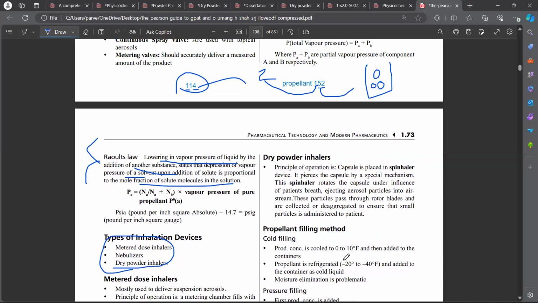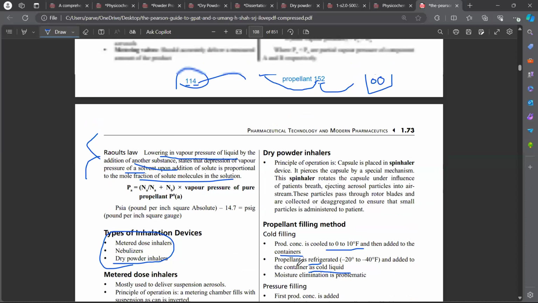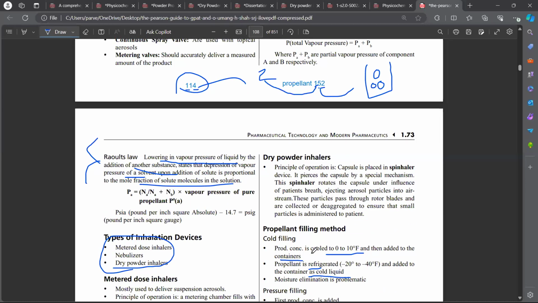In cold filling, the product concentrate is cooled to 0 to 10 degrees Fahrenheit and then added to the containers. Then the propellant is refrigerated and added to the container as a cold liquid. In pressure filling, the propellant is added into the container through pressure. So now tell me guys, which would be the most cost effective for companies, pressure filling or cold filling?